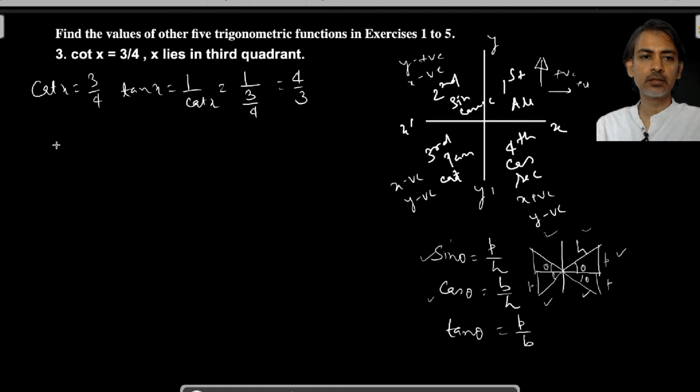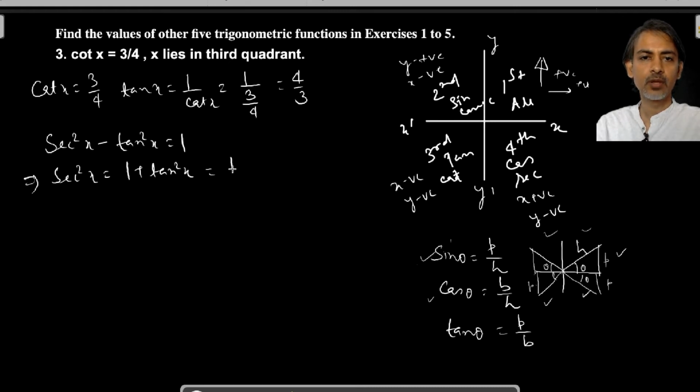We know another trigonometric identity, which is sec square x minus tan square x equals 1. Now sec square x equals 1 plus tan square x. It's 1 plus 4 by 3 whole square, which is 1 plus 16 by 9, and it will turn out to be 25 by 9 if you sum it up.